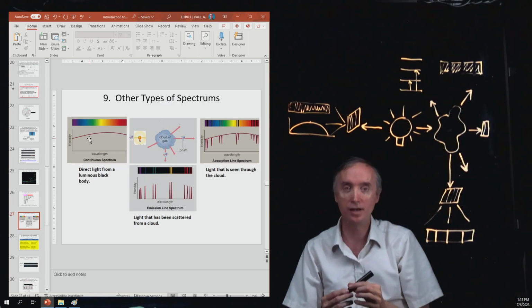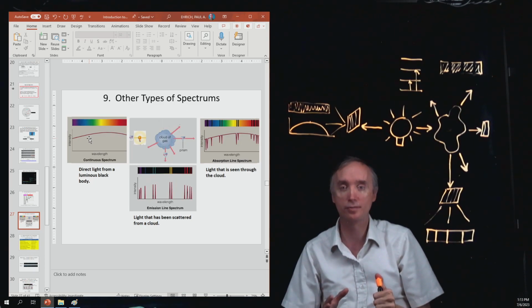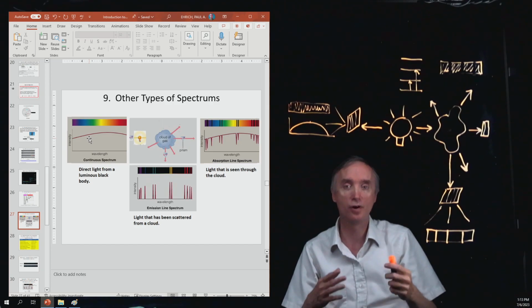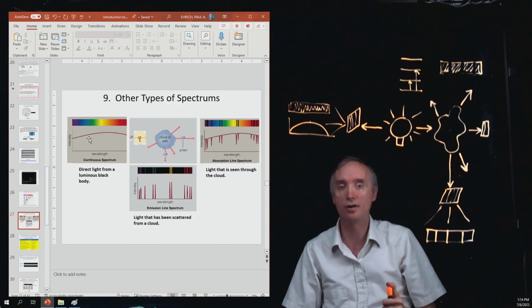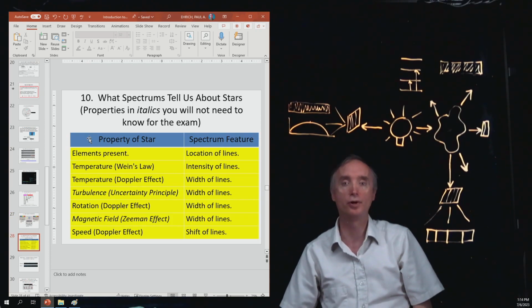So these are three kinds of spectrums that astronomers are interested in. They actually observe all three of them, and then you can tell different things about a star based on the kinds of spectrums that it emits. So what's the point?